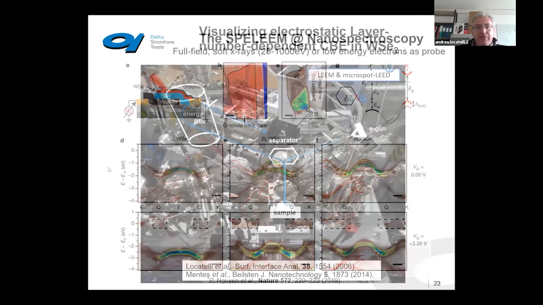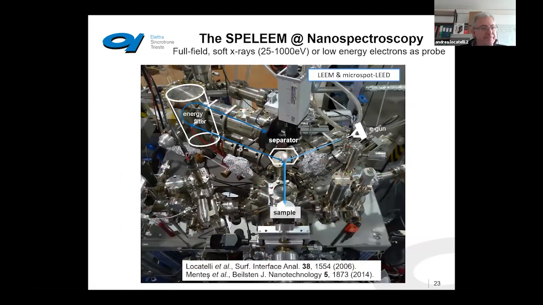So very, very quickly, the last technique that I want to introduce is the PEEM at nanospectroscopy. This is a PEEM microscope, which can work with, of course, the beamline photons, but this instrument also includes a low energy electron microscope.